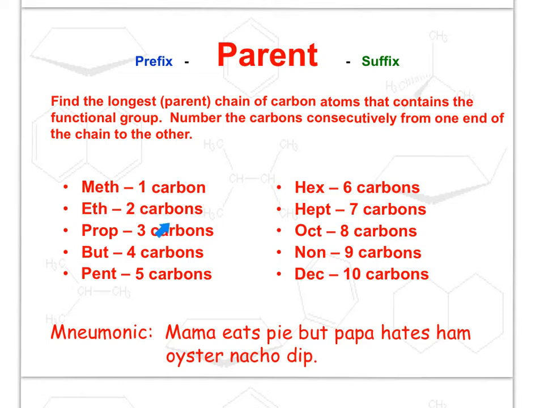Two is eth, three is prop, four is but, five is pent, six is hex, seven is hept, eight is oct, nine is non, and ten is dec. Now, starting with pent, those are probably names that you're familiar with. Everybody knows that pent means five, hex means six, and so on. So those are pretty easy. The first four are kind of hard because we're not as familiar with them.